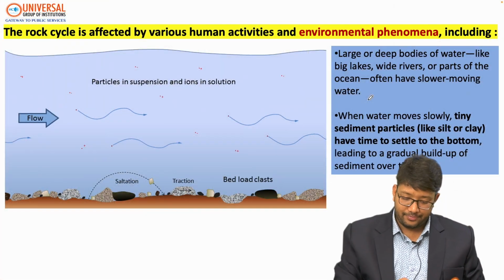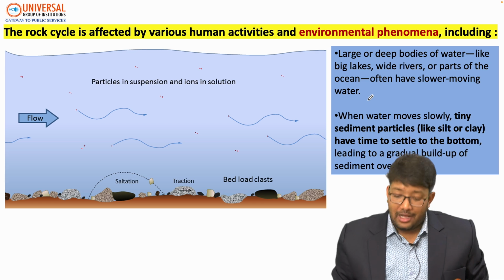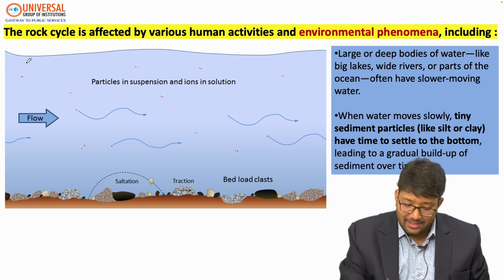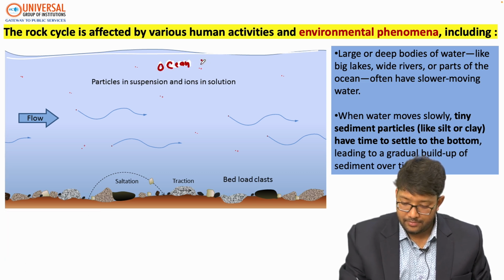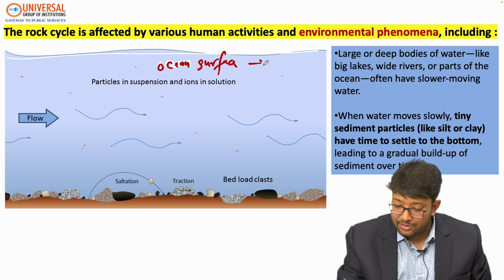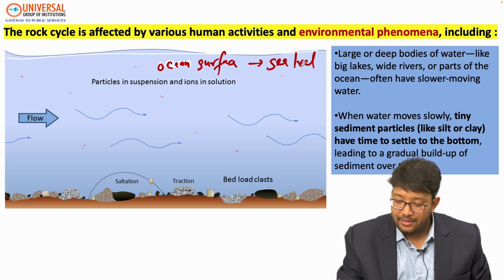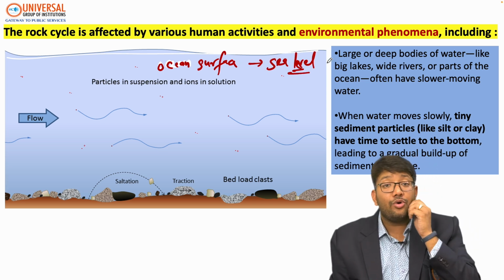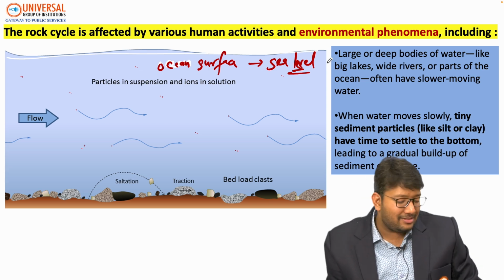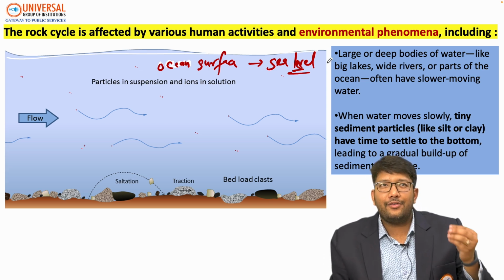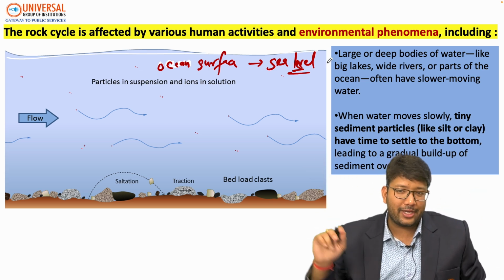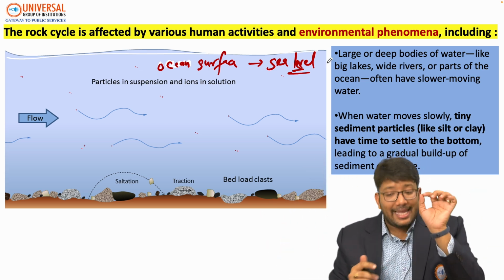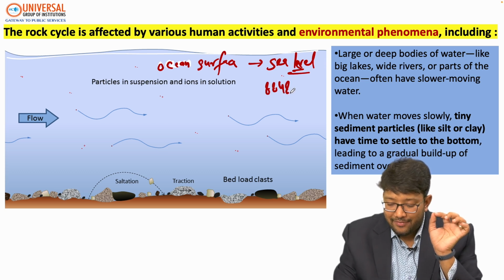Now the next example is large or deep water bodies. Like this is a water body, this is our ocean surface. Basically this is called sea level, remember that. The interesting thing about sea level is that we know Mount Everest is the highest peak in the world, basically 8848 meters, or 8850 we can say.